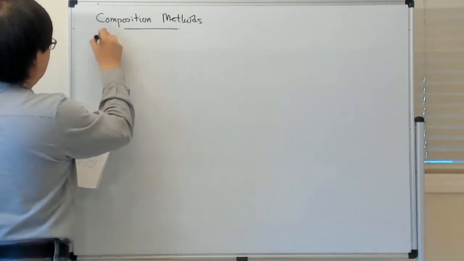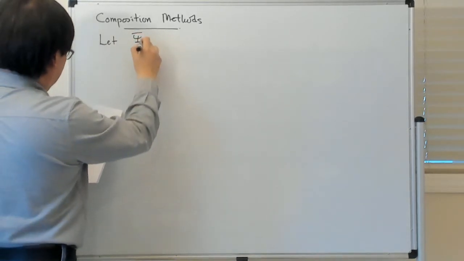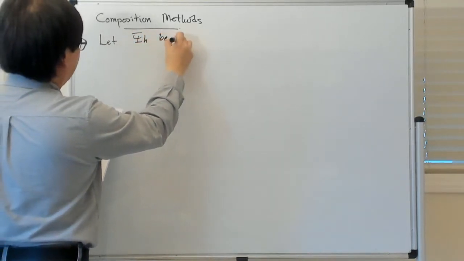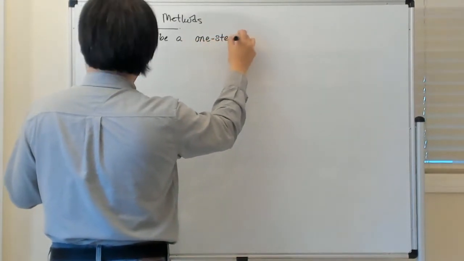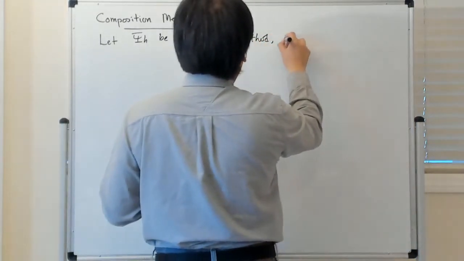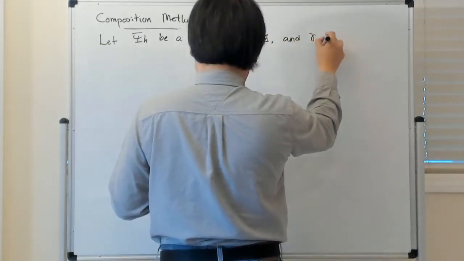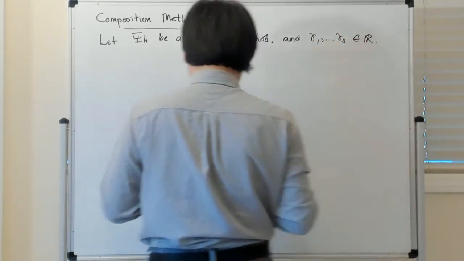Okay, so let's say you have psi h be a one-step method. And then you have gamma 1 to gamma s be real numbers.